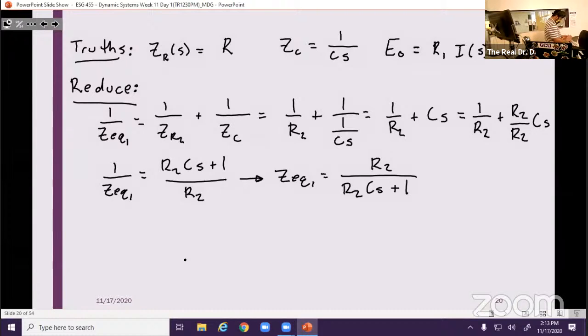What's the first order standard form equation?